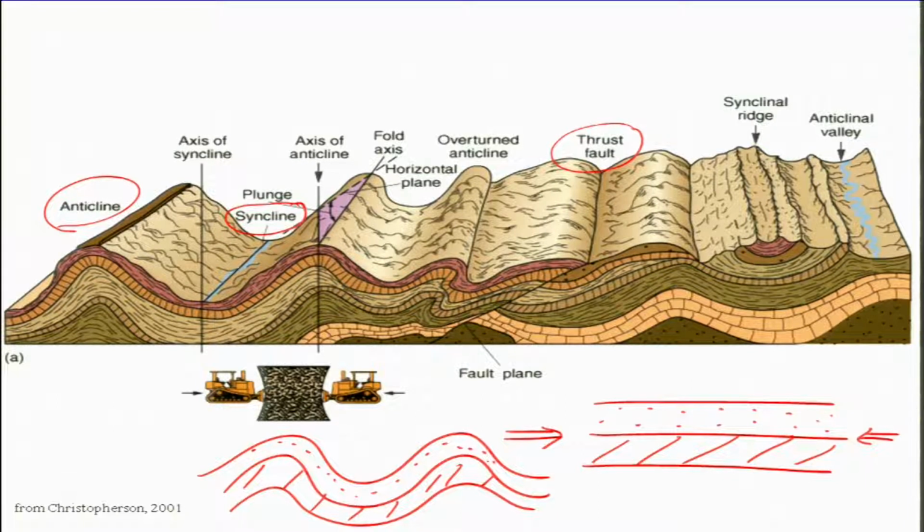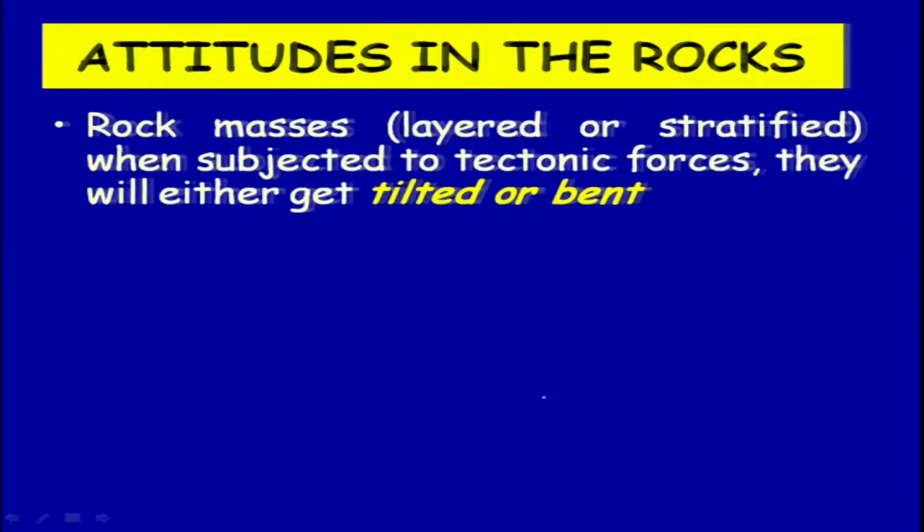Now there is deformation. All these layers were horizontal, but now that they are folded or deformed, they have some attitudes in terms of strike and dip. The layers got inclined. That is extremely important for us when we talk about the attitudes in the rocks.